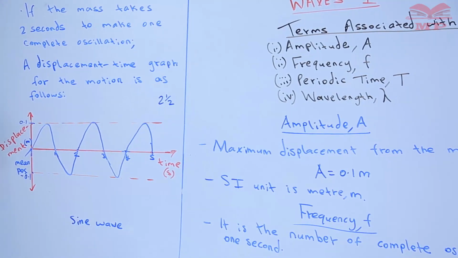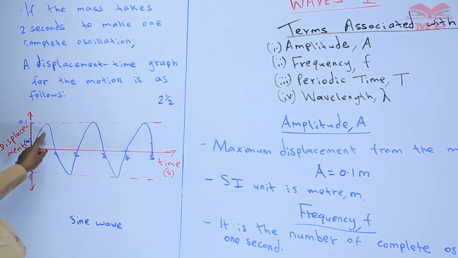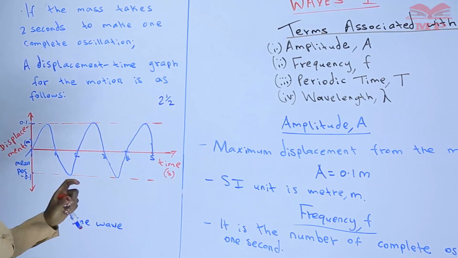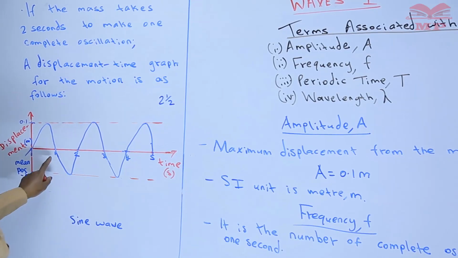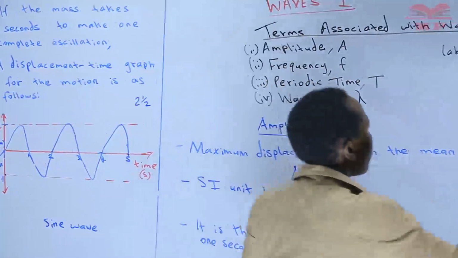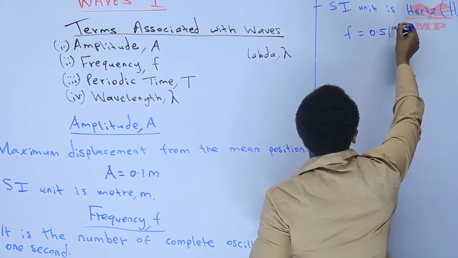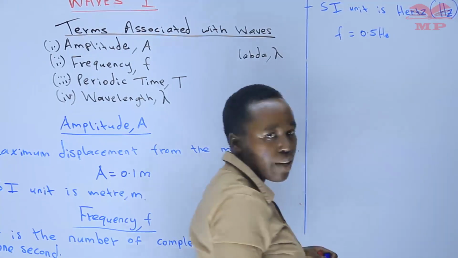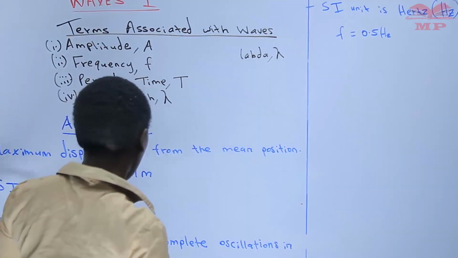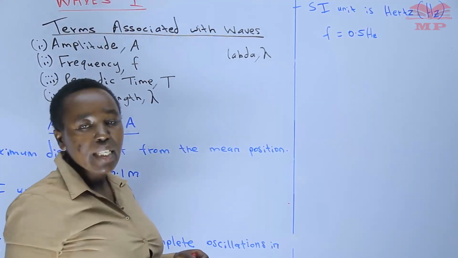And therefore, we'll say that the frequency is a half, because in 1 second, we have half of an oscillation. So in our question here, the frequency is equal to a half, which is 0.5 hertz.